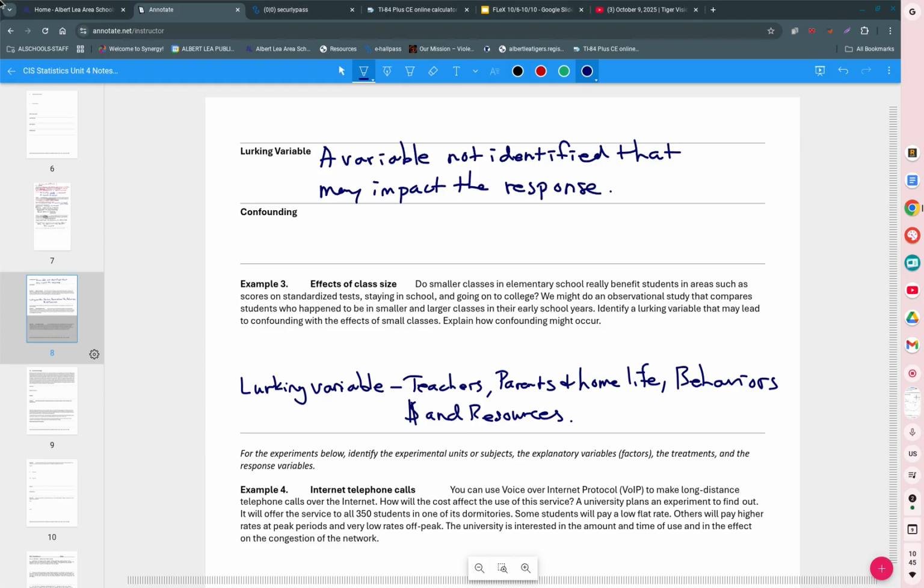So a working variable is not identified in the study, but it still might impact the response. We have to be careful for those as we set up our study. How do we do that?